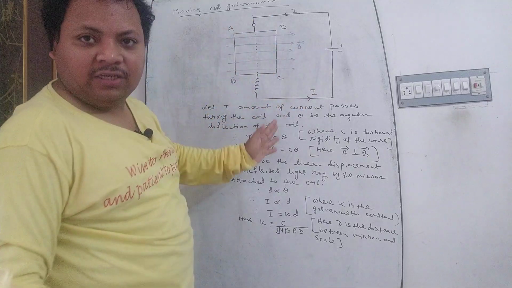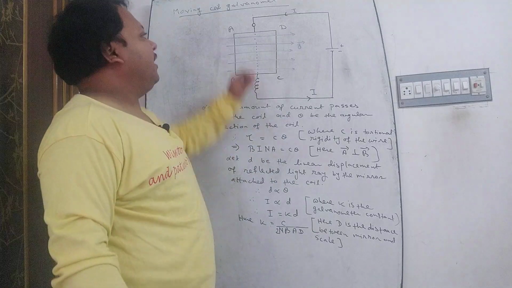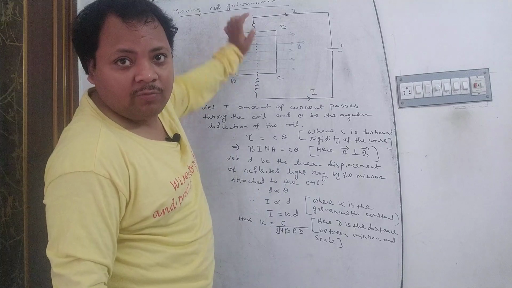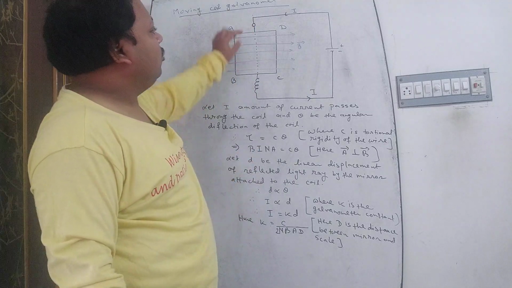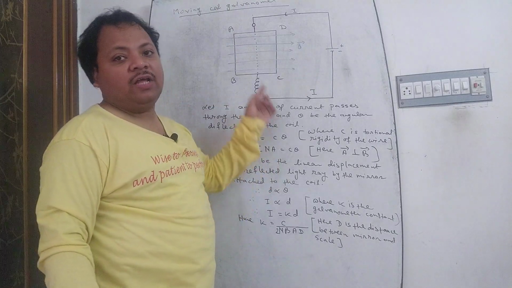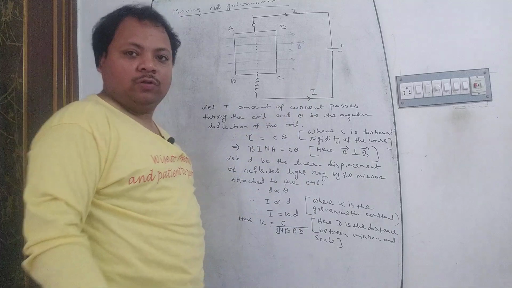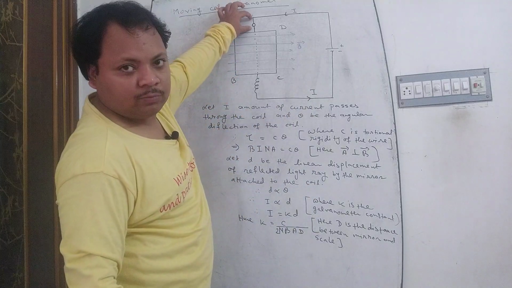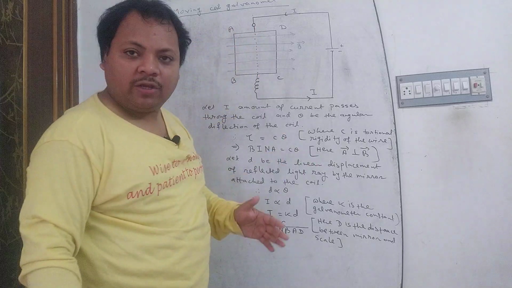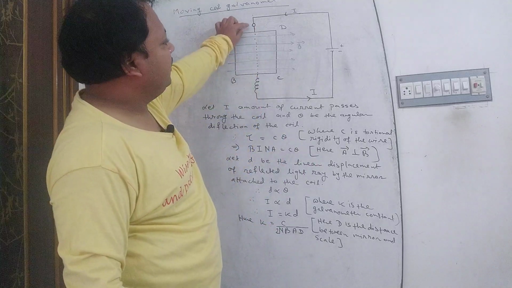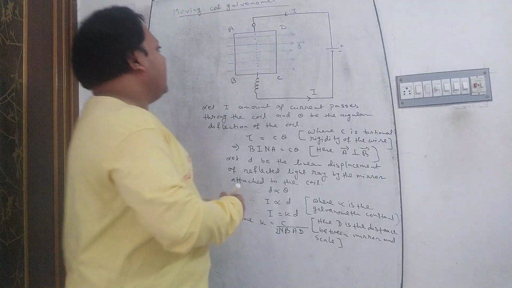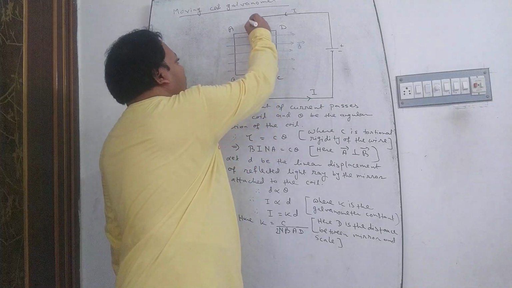This is a closed circuit, and a small mirror is also attached to the string from which the coil is suspended. This is the string by which the coil is suspended, and we can denote the small mirror by capital M.